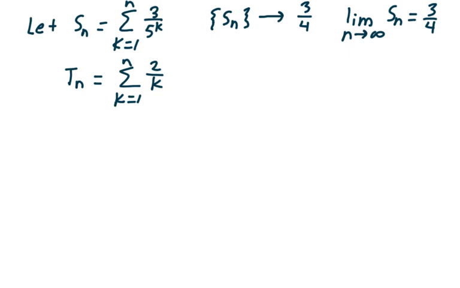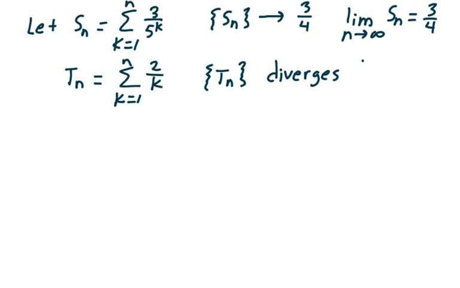Now, here, T sub n is the summation from k equal 1 to n of 2 over k. And what we have shown there is that this sequence diverges. Remember, a series converges if the sequence of partial sums converges. A series diverges if that sequence of partial sums also diverges.